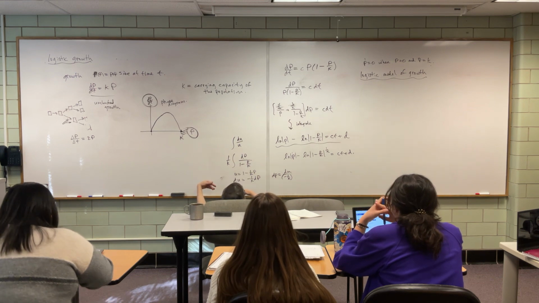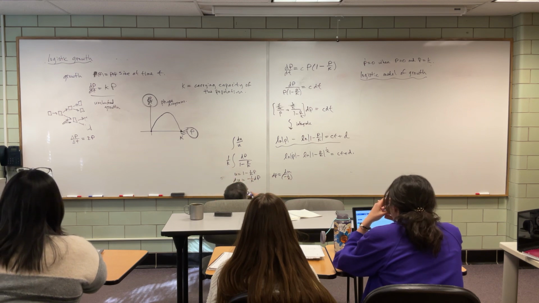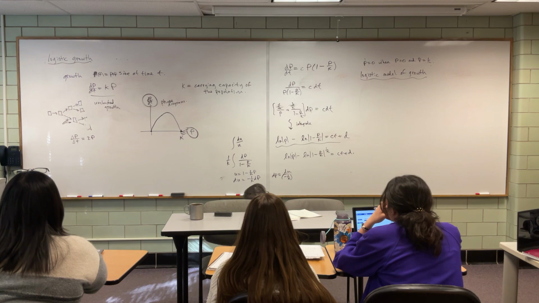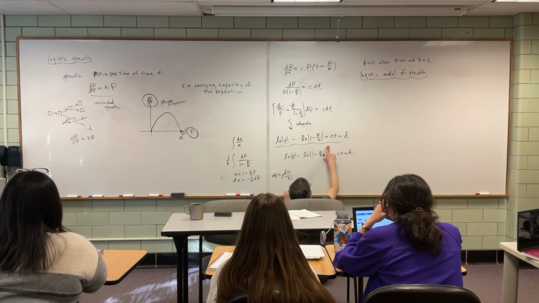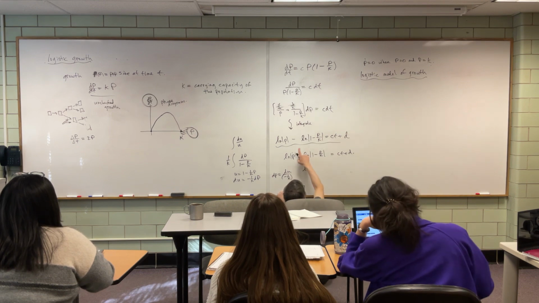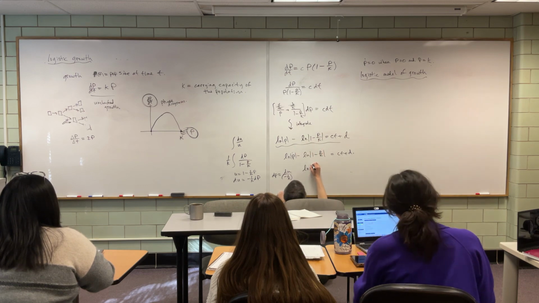Then that cancels with this one, but it introduces that negative. Does that make sense? Cool. Very good. This is awesome, because there's no number out in front, which really makes this terrible.